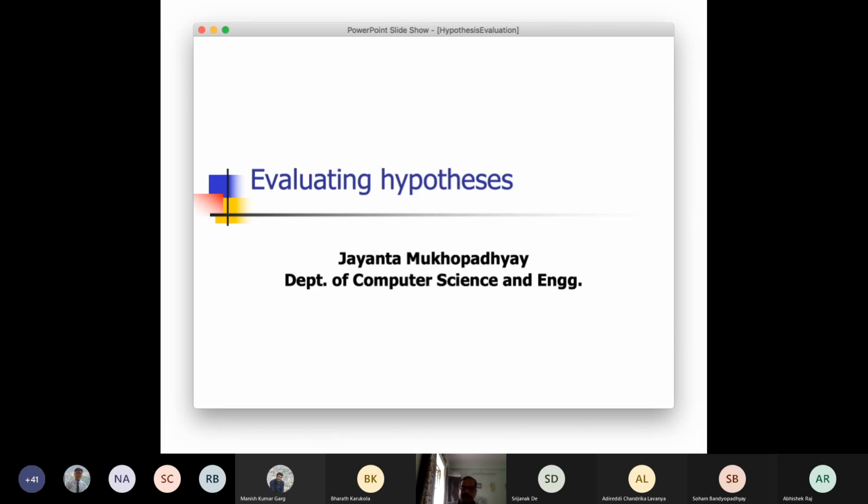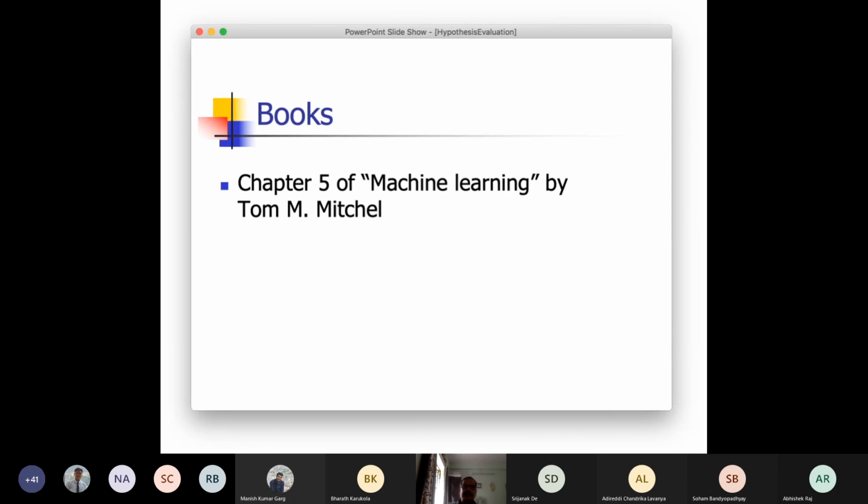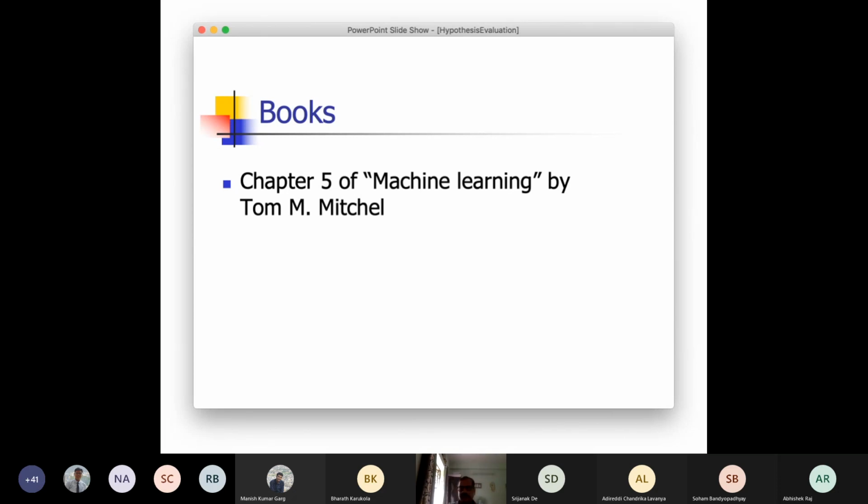So when you are doing some estimates, it's a kind of point estimate. But how far will this estimate be true if I change the data set? So how far is it data dependent? That is one of the questions that we need to consider when you are judging or evaluating the performance of any particular hypothesis or classifier.